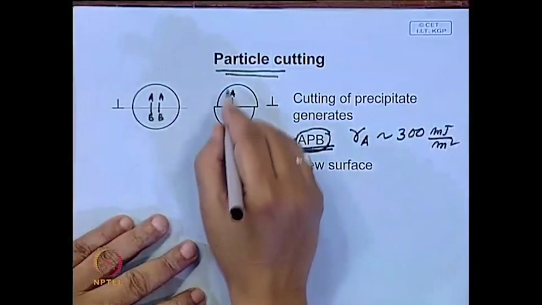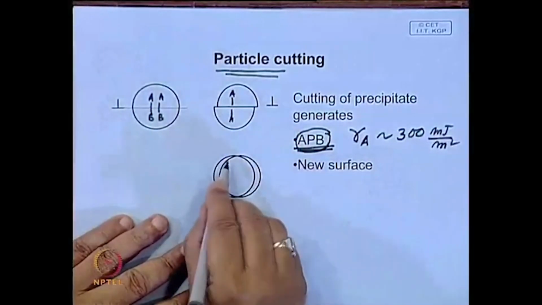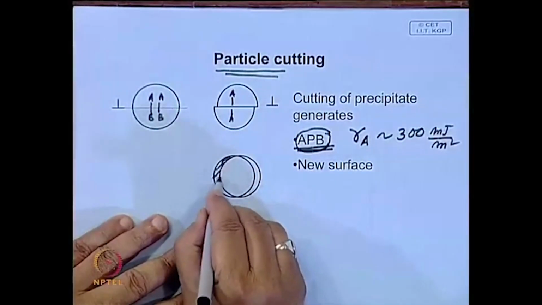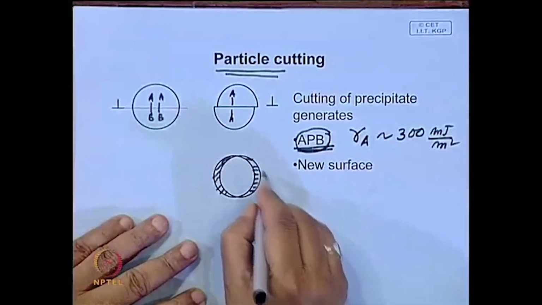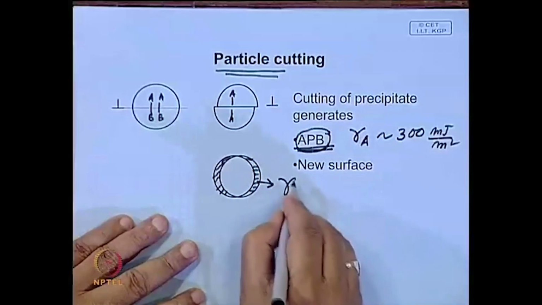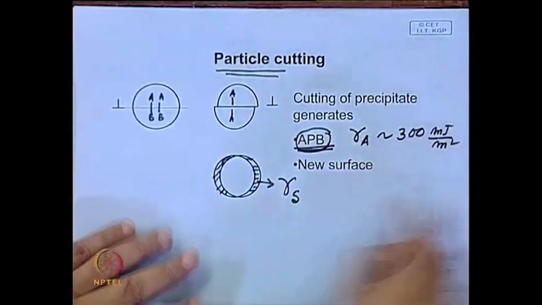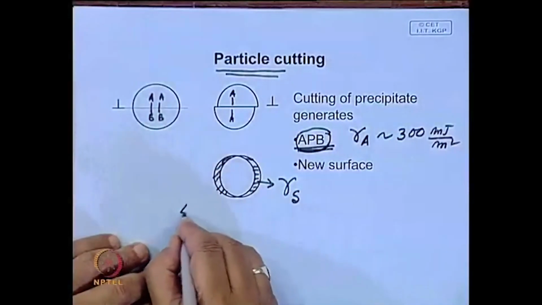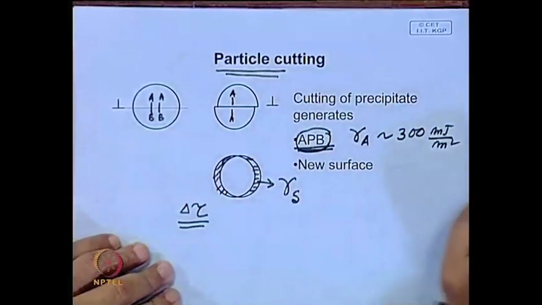Secondly, whenever this process of shear takes place, you have a new surface created. This has another energy, the surface energy. So, for this to happen, you have to apply some amount of additional shear stress.